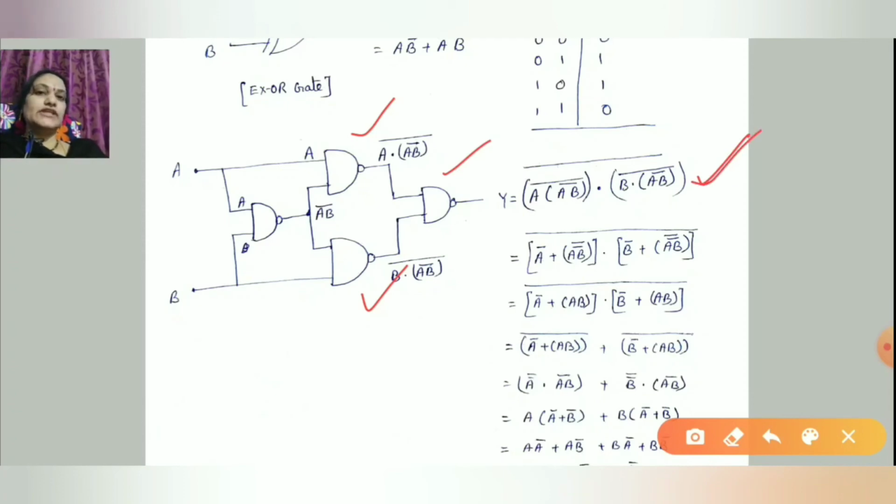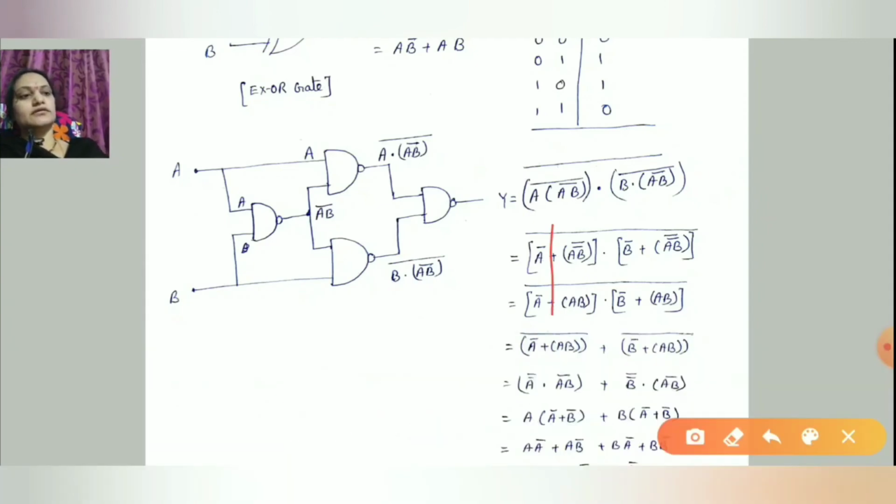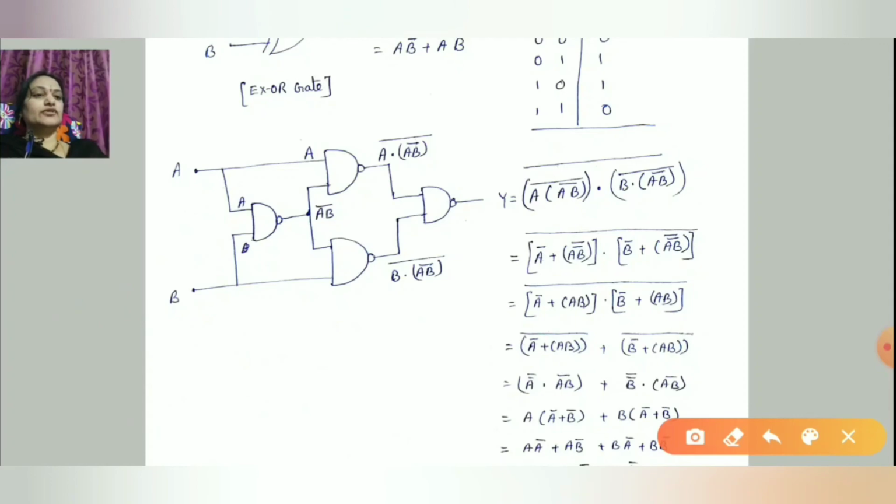So use the Boolean's laws and finally you will get the expression like A B bar plus A bar B, that is equals to A XOR B. Okay.